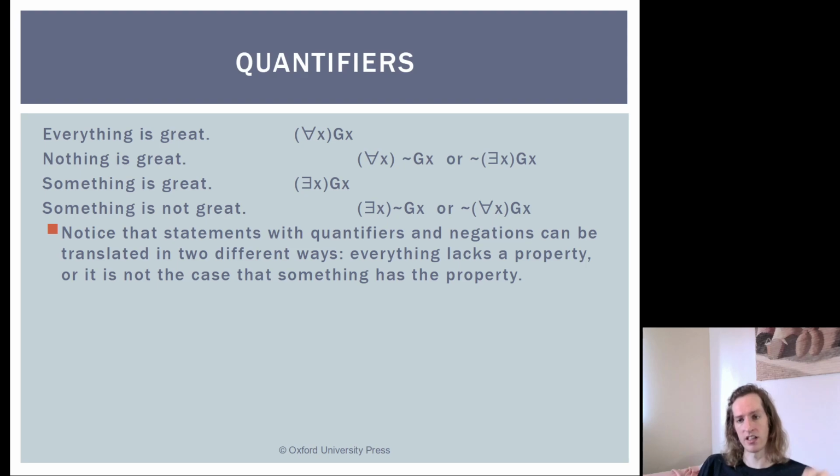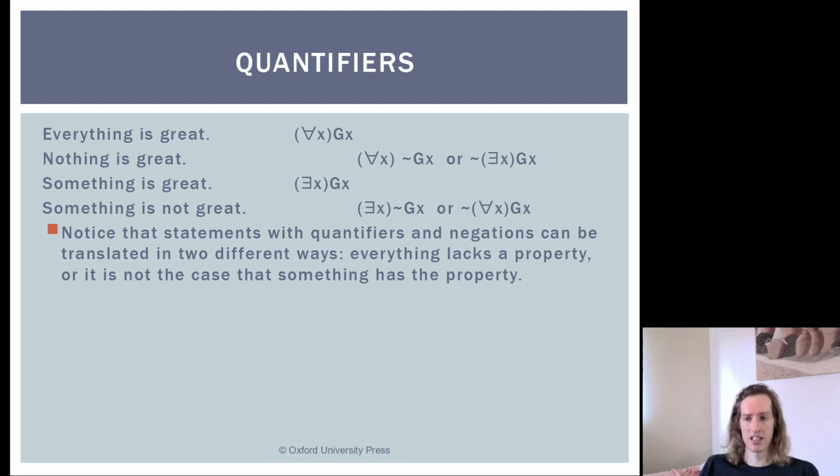If I want to say nothing is great, I can express this with an existential quantifier by negating the existential quantifier, and to say it is not the case that there is at least one thing that is great, which would imply that nothing is great. If it's impossible for there to be even one thing that has the property of being great, then this is the same as to say that nothing is great.